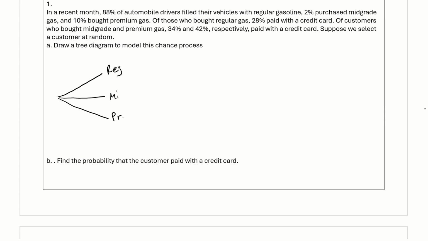And it says 88% bought regular gasoline, so 0.88. This one's 2% for mid. And then 10% bought premium. And then for regular, we got credit card versus not with a credit card, right? Credit. Not credit.